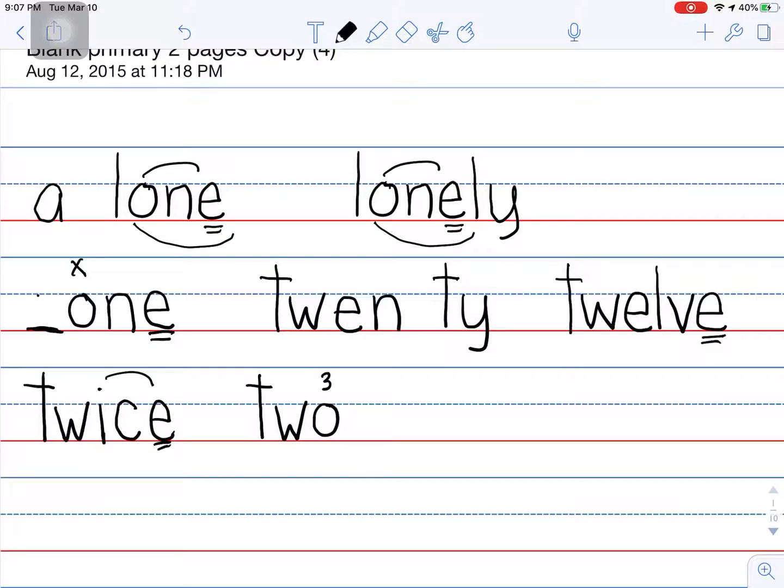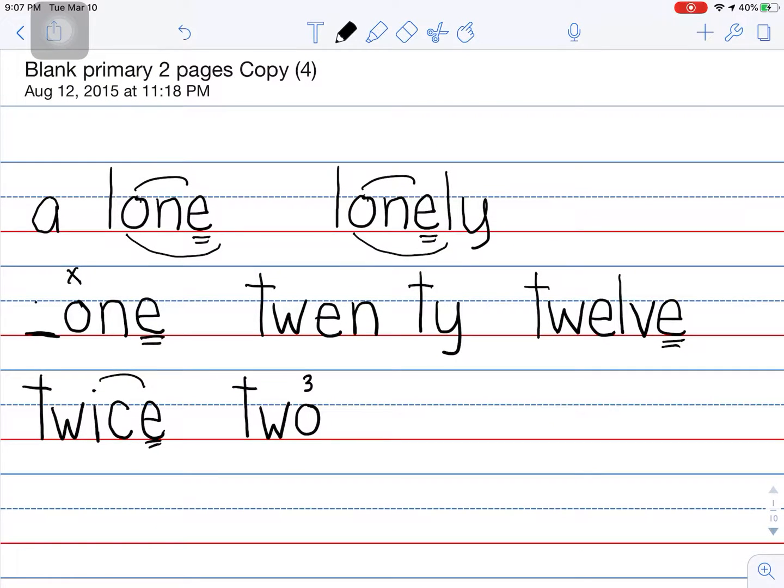While we're writing the word to, let's remember that the preposition to, as I want to go to the store, t-oo, and the O is making the oo sound there, to the store. And then if I have too many words, too, meaning too many, I'm using the O-O to say oo.